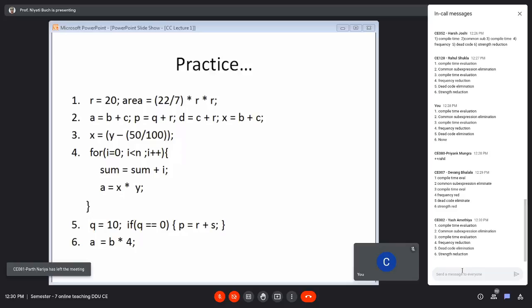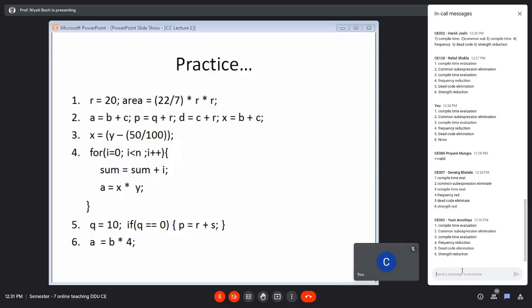Okay, so discussing the answers with you, right? Looking at the first one, R is assigned value 20. Now area, the expression evaluated for computing area involves a constant, 22 divided by 7, which will always yield us the same answer because it is a constant.